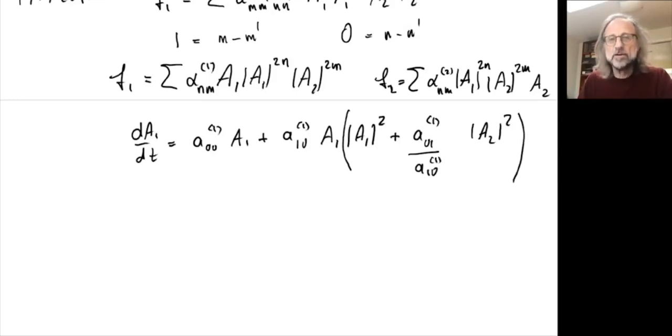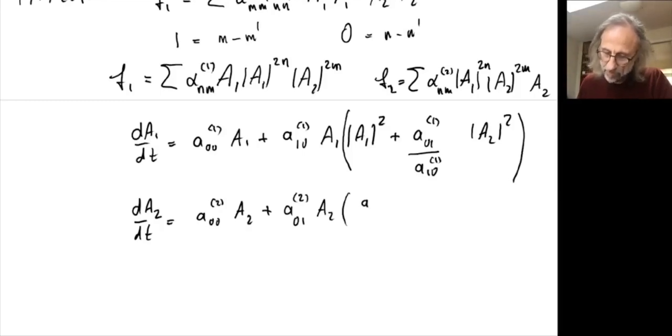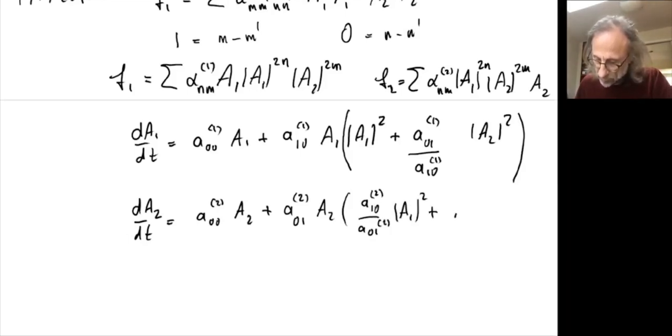And if you do the same argument for the A2, you get an analogous equation, which is A002 A2 plus A012 A2 times A102 over A1012 times A1 squared plus A2 squared.